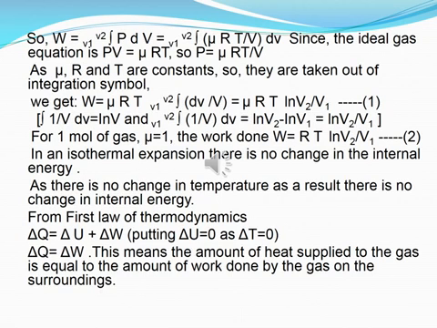From the first law of thermodynamics, which is delta Q is equal to delta U plus delta W, by putting the value of delta U, it is 0 as delta T is equal to 0, then delta Q is equal to delta W. This means the amount of heat energy supplied to the gas is equal to the amount of work done by the gas on the surroundings. This is the form of the equation of the first law of thermodynamics in case of this isothermal process.